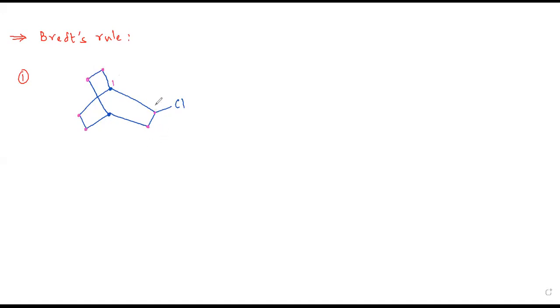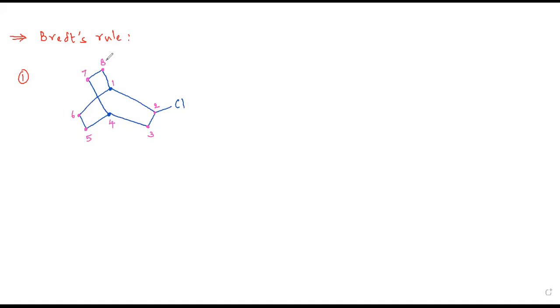So let us go this way because we have a substituent here, to the next bridgehead, then again to the first bridgehead via the next longest. But here all three bridges are equally long. Then 7th and 8th.